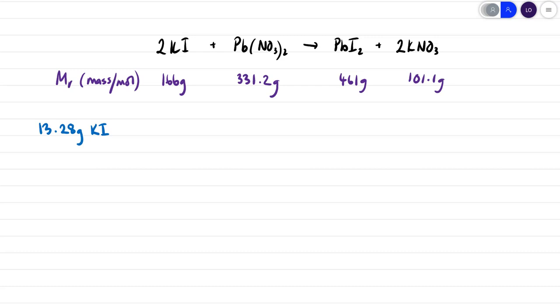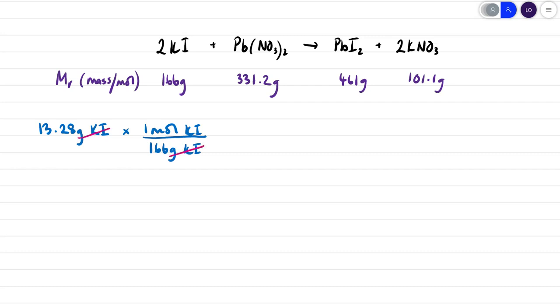So we can set up our conversion factor, and that would be 1 mole of potassium iodide is 166 grams of potassium iodide. So either way we write that, we're talking about the same thing. So we can use that as a conversion factor. Now we want the conversion factor to be set up so that grams of potassium iodide cancels out.